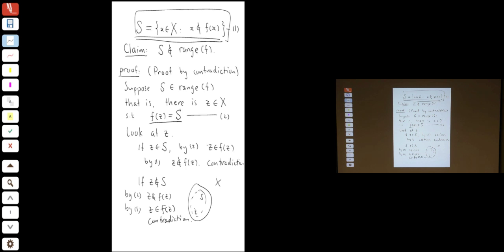So no matter what you do, you are doomed. Why are we doomed? It's because of the assumption that the set S is in the range. So there must be something wrong with the assumption. So S is not in the range.